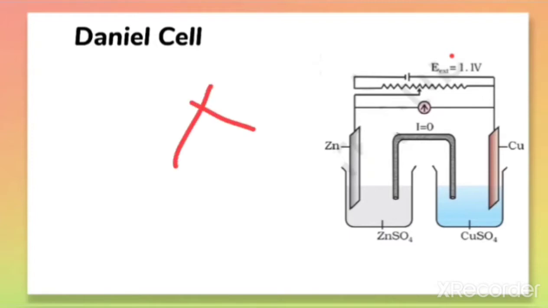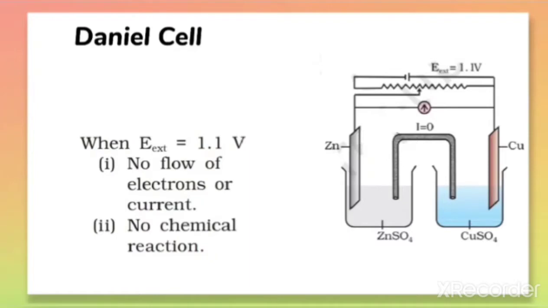There will be no reaction taking place here. The reaction stops altogether, so no current flows through the cell, because there is no chemical reaction. So when E external is equal to 1.1 volt, there will be no flow of electrons, no flow of current, and no chemical reaction. We can say the chemical reaction gets stopped.